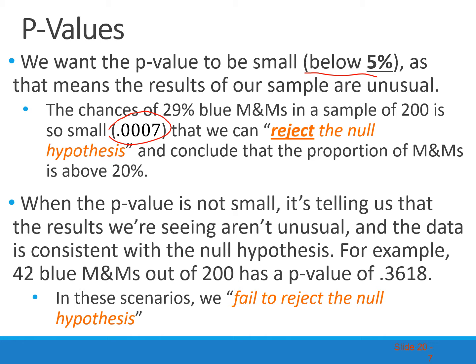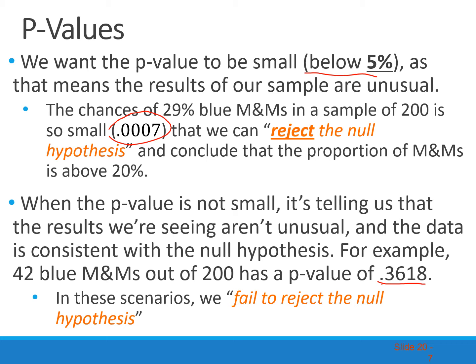When the p-value isn't small, it's telling us that the results we're seeing aren't unusual and the data is consistent with the null hypothesis. Let's say, for example, we found 42 blue M&Ms out of 200. That's 21%. That's not unusual at all compared to the 20% we're expecting. This would have a p-value of 0.3618. This is right around one-third, being 0.333.